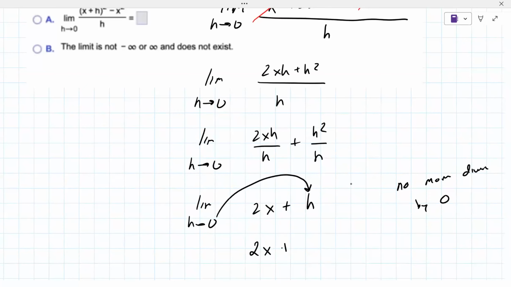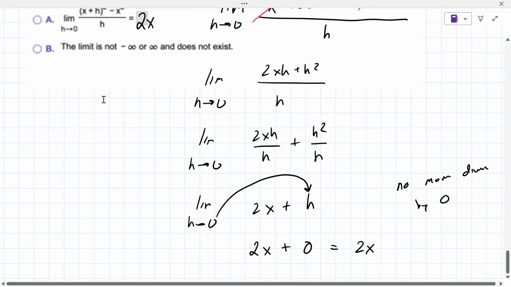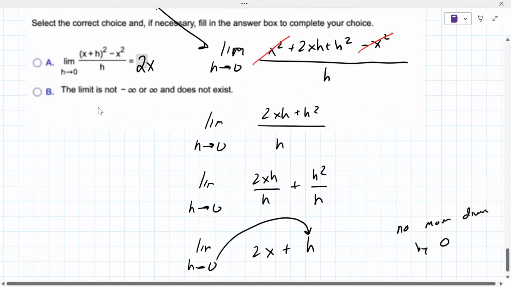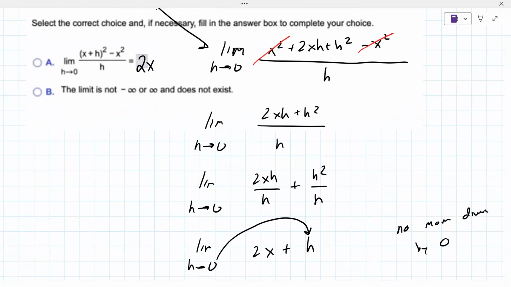So it becomes 2x plus 0, which is just 2x. Okay. Again, there's maybe a shortcut for the test. I don't know if we should address that quite yet, but we can later on.